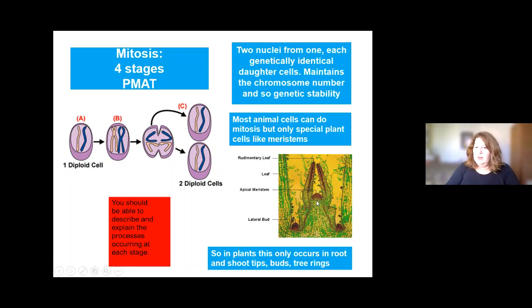It's called the apical meristem. Apex meaning tip, a top, and the meristem is the growing part. So that's where mitosis will occur, and it'll occur in other places like the root tips as well, in the new buds, and also you'll see it in tree rings, at the cambium between the xylem and phloem. You'll see that can grow mitotically as well. So that's what forms circular tree rings.